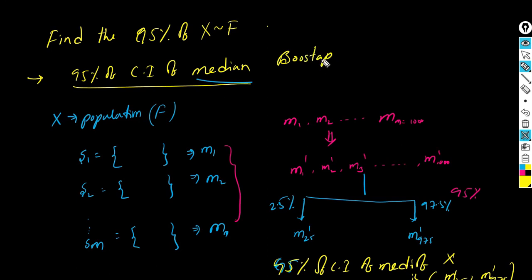Similarly, we can find the confidence interval of the standard deviation. For the standard deviation, instead of the median, we find the standard deviation, sigma. If you want to find the mode, we can use the mode of each subset. If you want to find the variance, anything like that, we can find it by using the bootstrap approach.